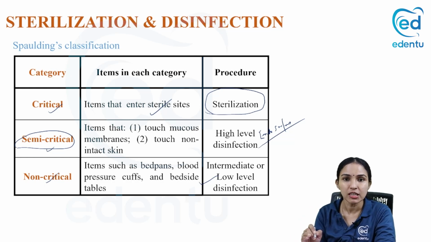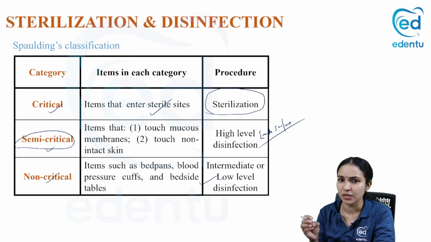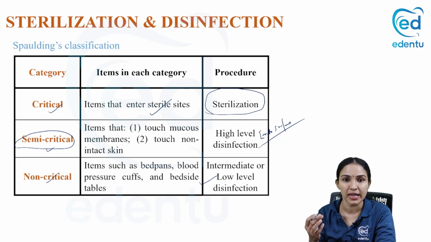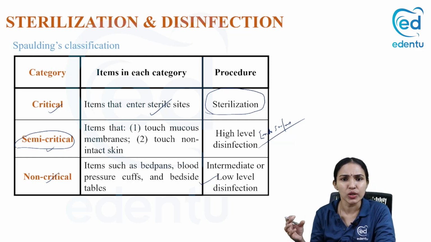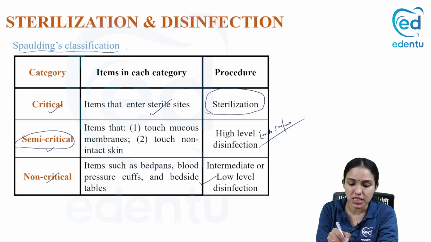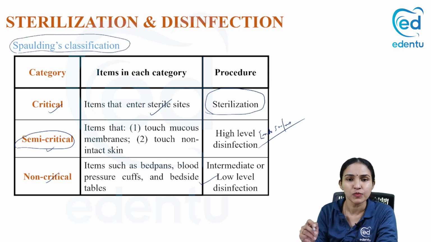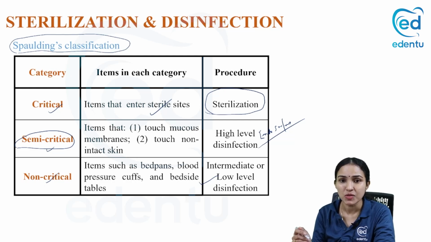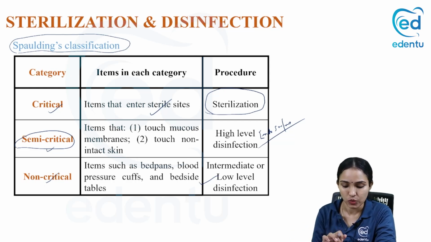So for critical items like the IV cannulas and surgical instruments, it is sterilization. For semi-critical items like endoscopes, it is high-level disinfection. And for non-critical items like the BP cuff or stethoscope bell and all, low-level or intermediate level disinfection is enough. And this classification is called Spaulding's classification. This can be asked in your MCQ exams, so this also you should be familiar with.